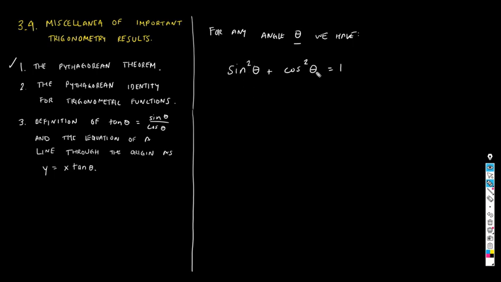What this means, guys, is completely equivalent to this: sine of theta to the square plus cosine of theta to the square equals 1. These two statements are the same.